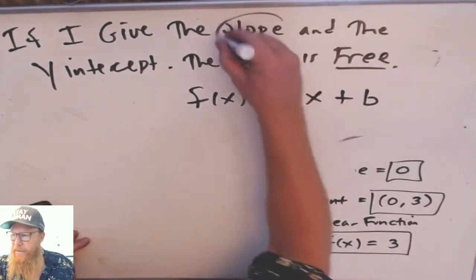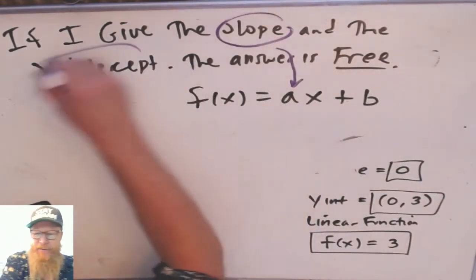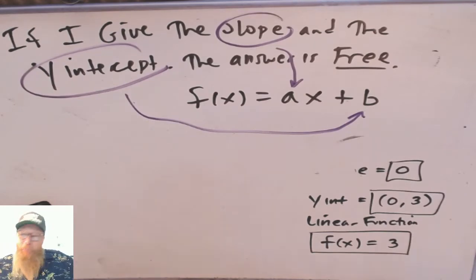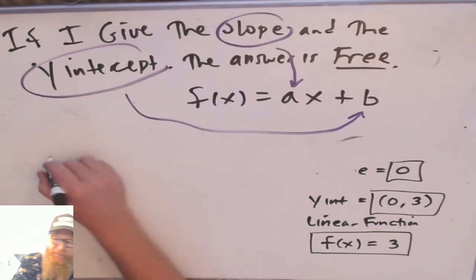The slope is A, the y-intercept is B, and we're talking about functions. So there's another type of free answer.